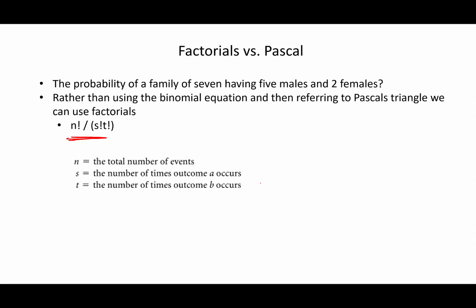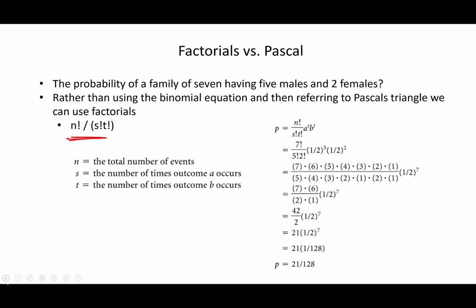So let's go through this. In this case, that probability is going to be n over s factorial t factorial. This gives us the coefficient that we need before our number. And then we'll have our binomial term, which will be a to the s, b to the t. What is the number of outcomes that we're looking for? We're saying a probability of a family of 7.